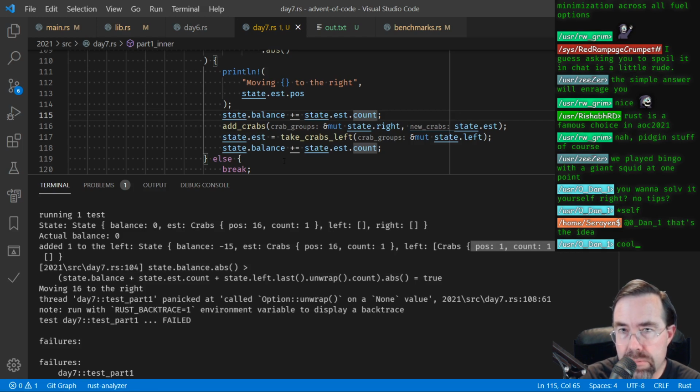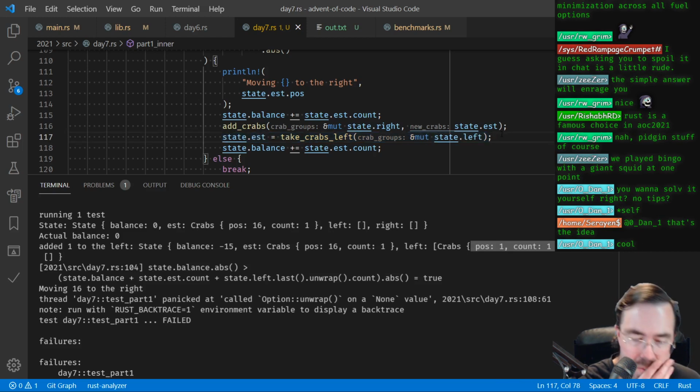When we move the crabs in the middle to the right, well, actually, that shouldn't affect the balance at all at first. Yes, it should. Never mind. It's when we move this estimate here that we need to recalculate the balance.